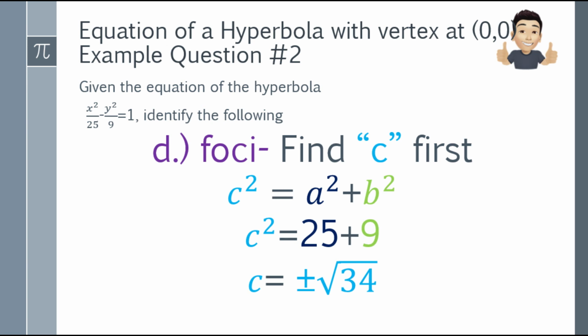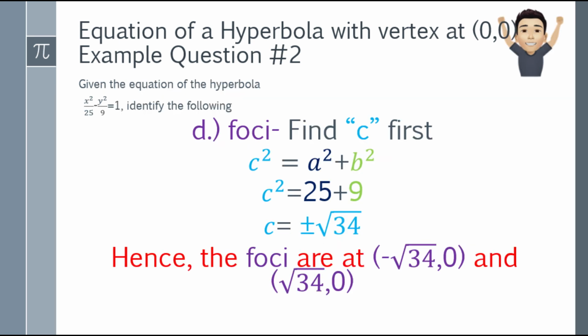So, C squared is equal to 25 kasi A squared is 25, di ba? At ang B squared mo ay 9. So, that will be C squared is equal to 25 plus 9. So, C is equal to plus minus square root ng 34. Kaya, ang foci natin ay nasa negative square root 34, 0 at positive square root 34, 0.